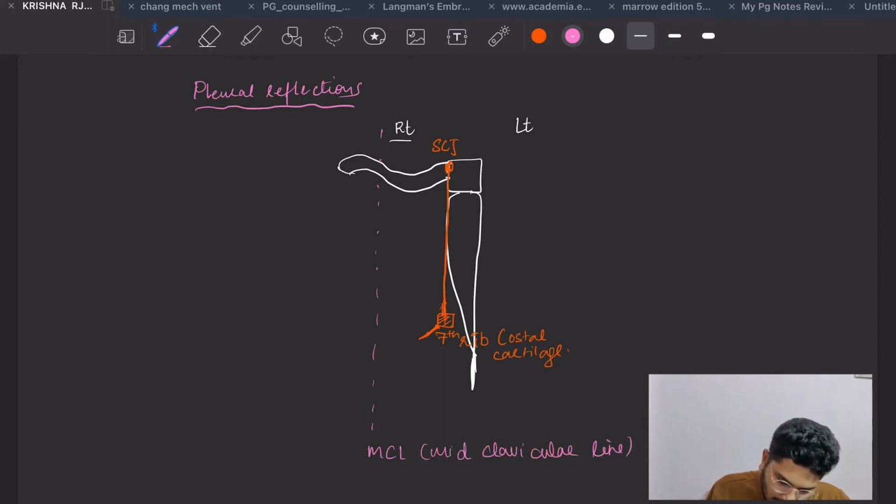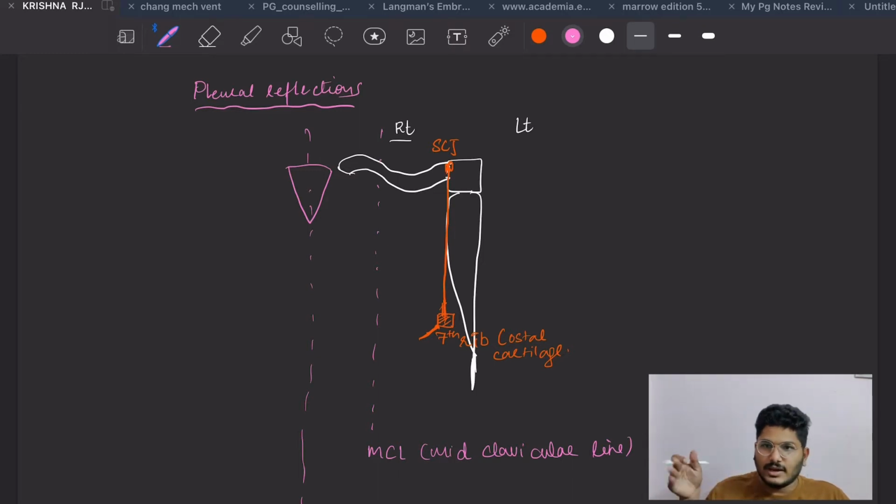If this is the axilla, the axilla is the armpit, one and the same. The central line passing through the armpit or the axilla is called the mid axillary line. Posteriorly, the midline passing through the scapula is called the mid scapular line.